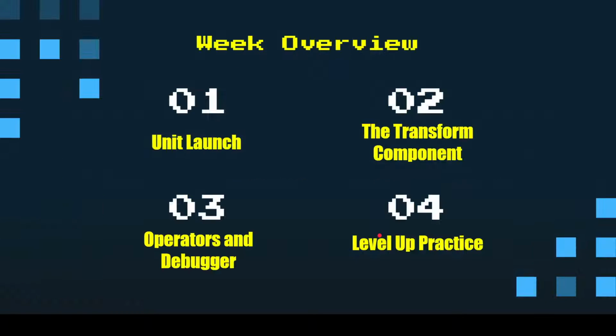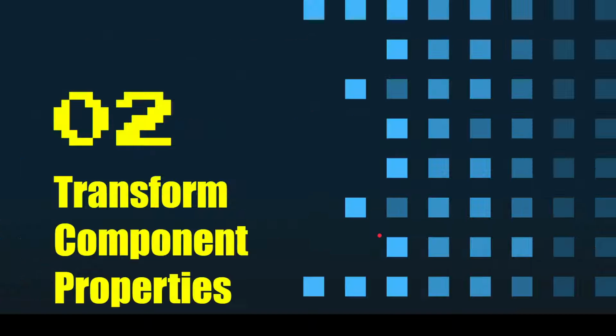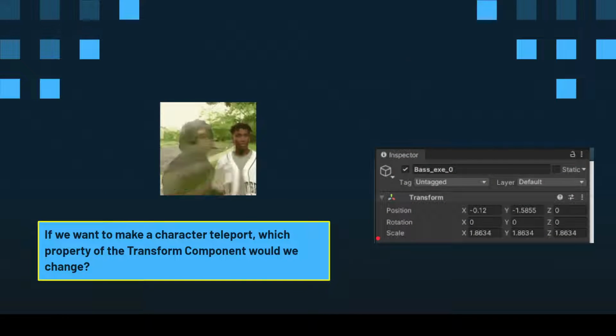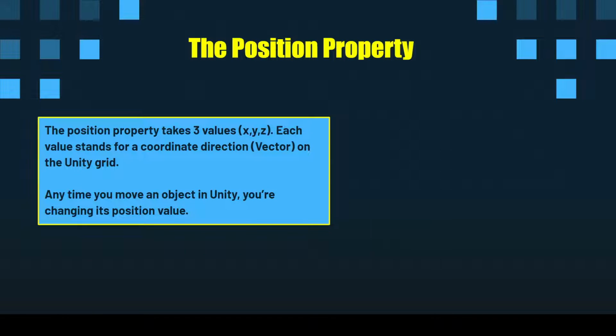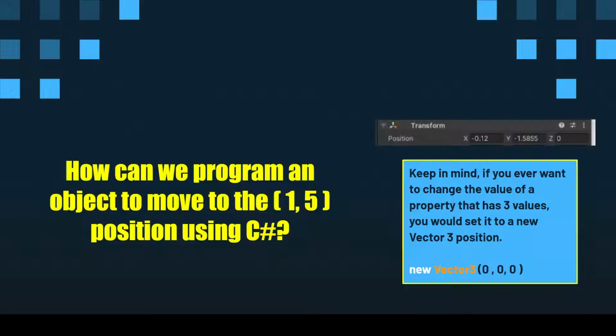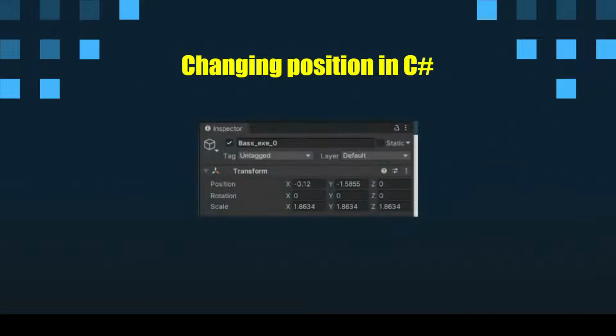Just to show you guys how this looks when it comes to the coding, let me actually go over here and show you guys. Here we go. So when we're talking about the coding for the position property, it looks more like this. When we change the position inside of C#, we first get the transform component, because that's the component we want to access the properties inside of.